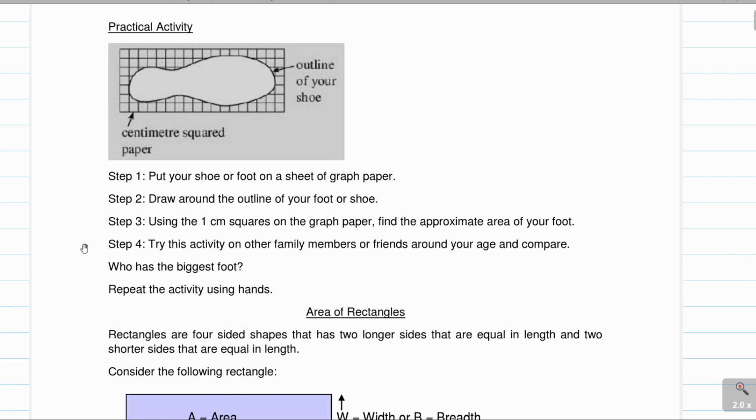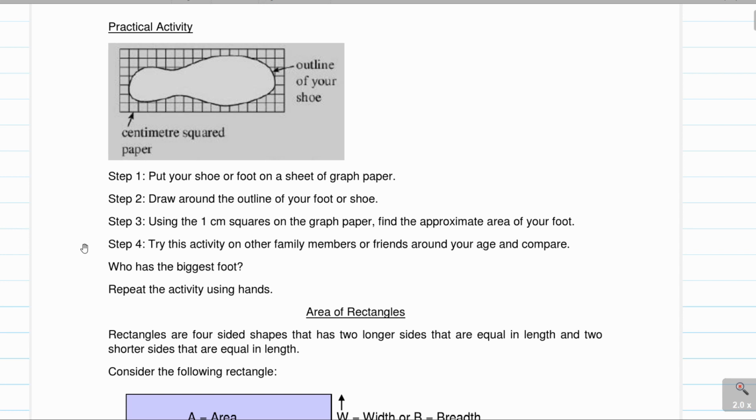Now we have a nice practical activity here. This is an experiment that you would be doing in physics if you're doing the sciences, and some teachers might let you do it in maths. Alright, it's a fun exercise and I would really like for you to try it.